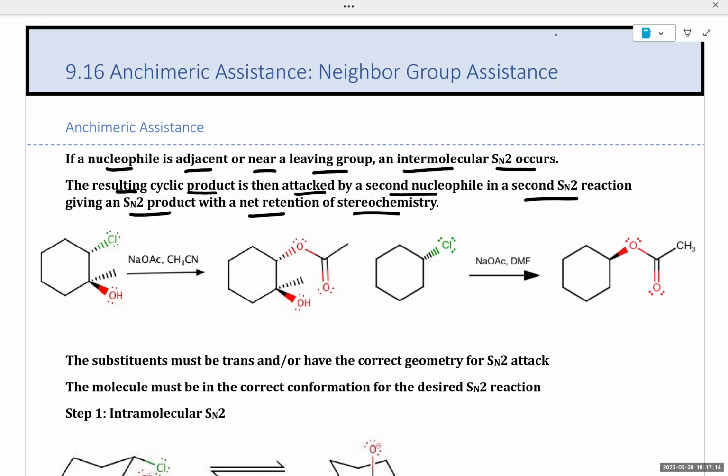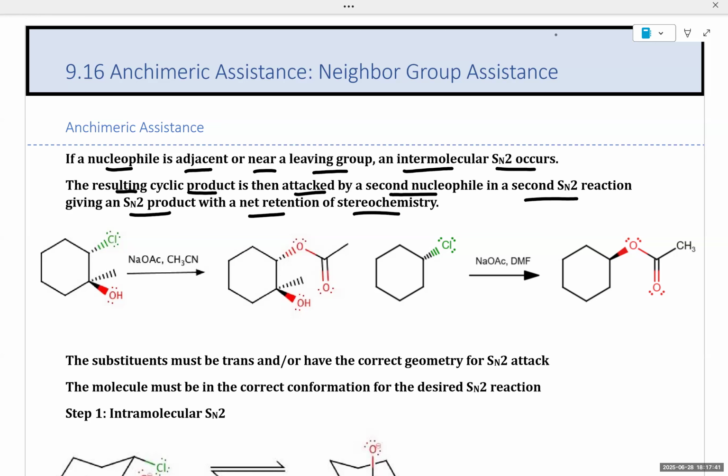Anchimeric assistance is often the cause of a lot of head scratching when you run a reaction that you expect to see inversion of stereochemistry and you somehow observe retention. Whenever this kind of thing happens, you should immediately start thinking that maybe your neighboring groups are engaging in anchimeric assistance and engaging in intramolecular SN2 reactions.